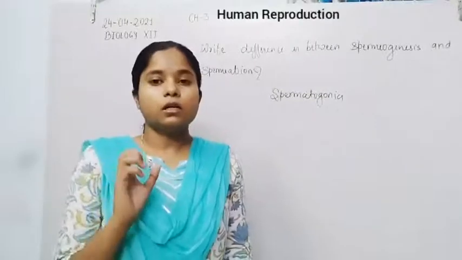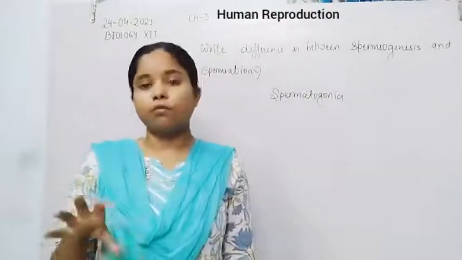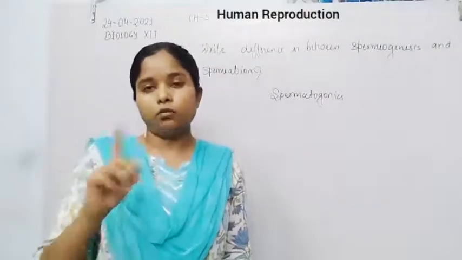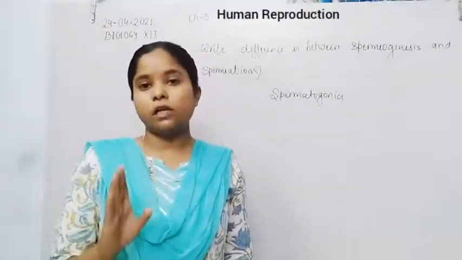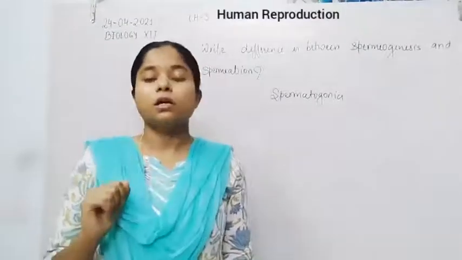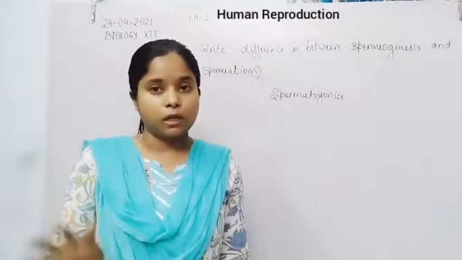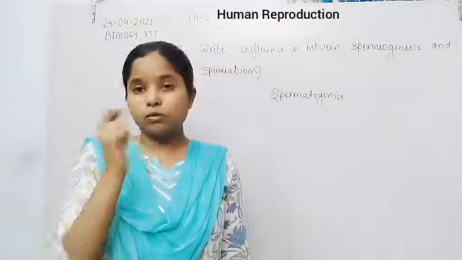The seminiferous tubule is formed by germinal epithelium, which consists of two types of cells: the Sertoli cell, which provides nutrition to the developing sperm, and the second cell is the spermatogonia, also known as the germ cell.